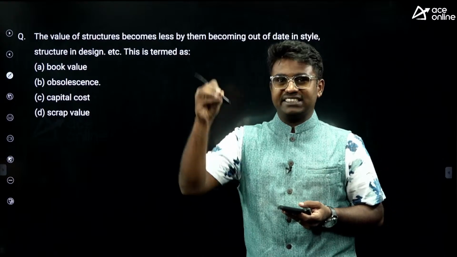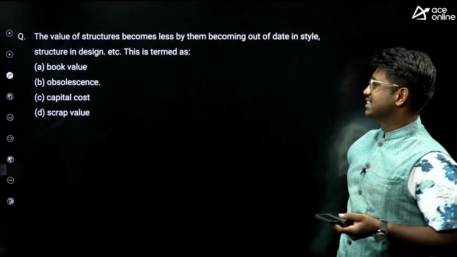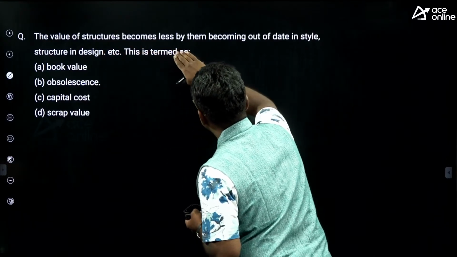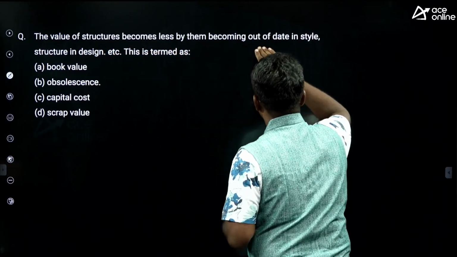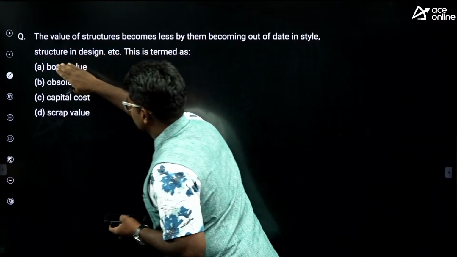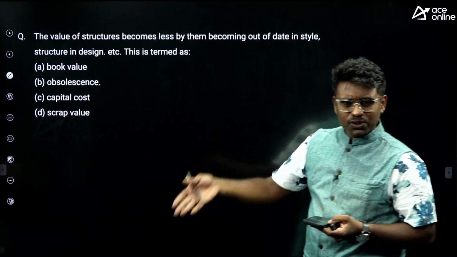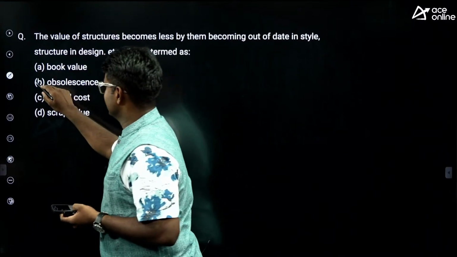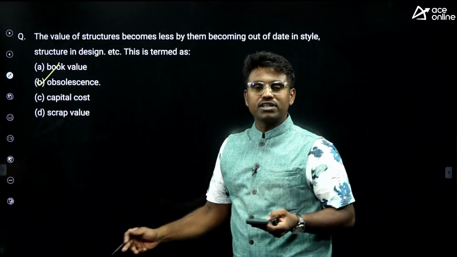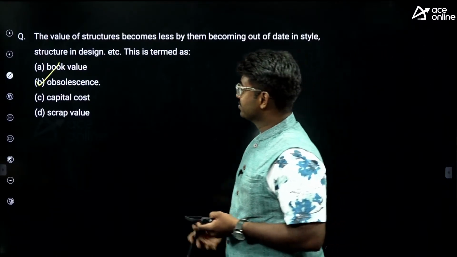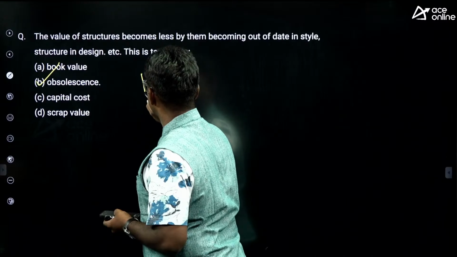What kind of depreciation is that? That is what the question is. The value of the structure becomes less by becoming out of date in style, structure and design. Obsolescence. Right? Okay. Answer is B.